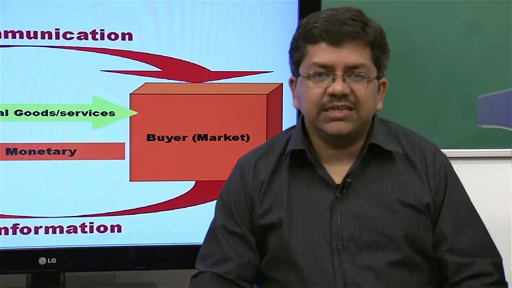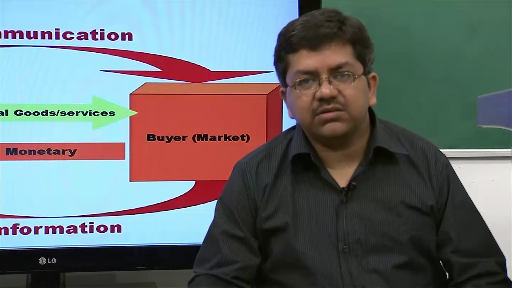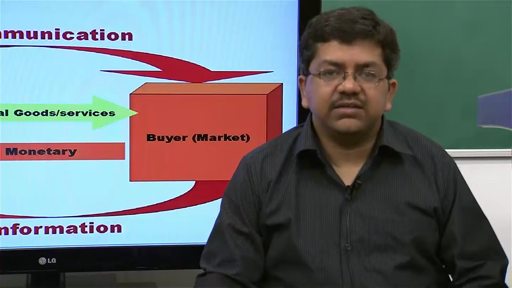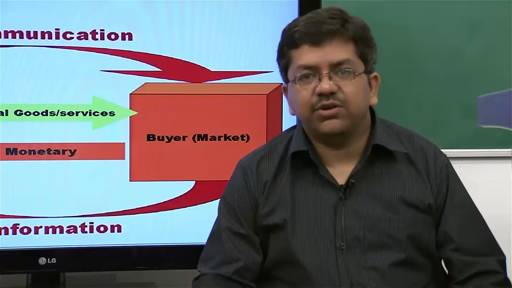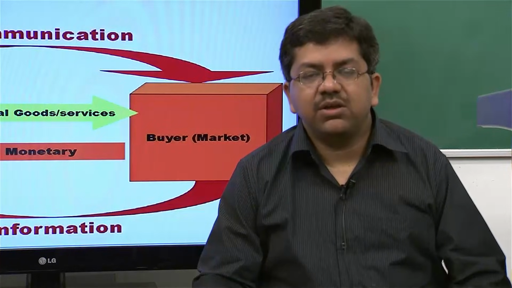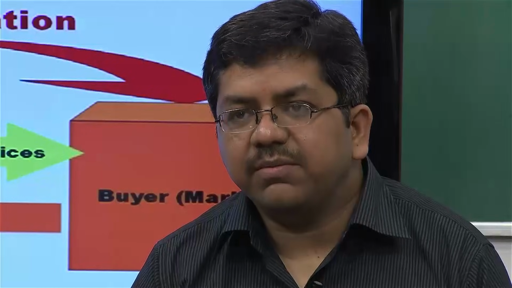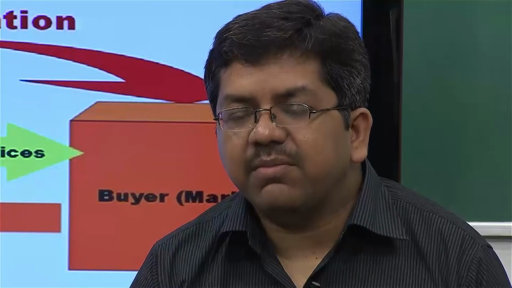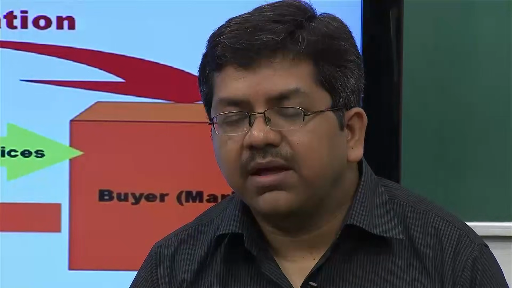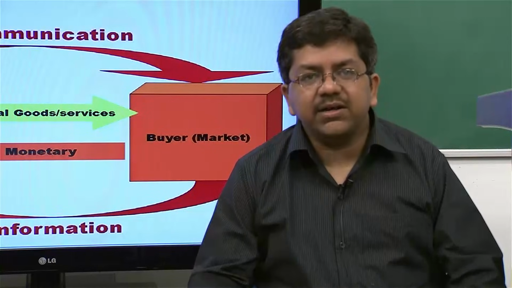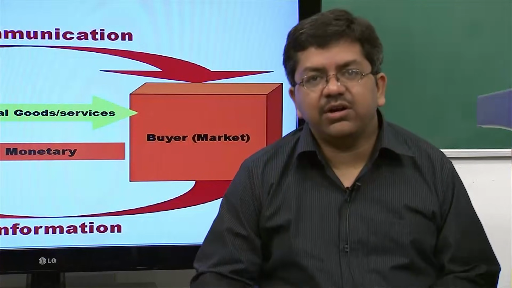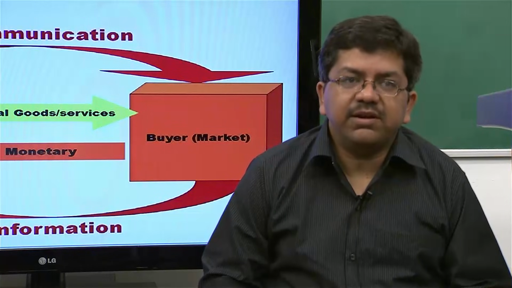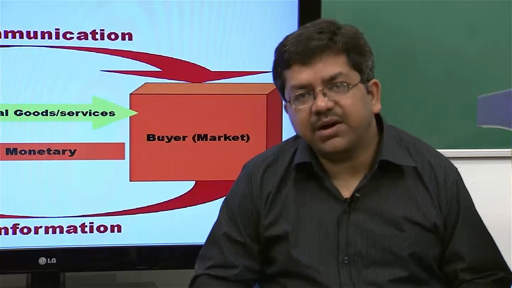Now, what is exchanged is physical goods or services. What the seller gets in return is monetary benefits for selling those products and services. What the seller also provides to the market is communication about the product and the services, and what comes back from the buyers to the seller in that loop is information, which is very important for the seller to remain relevant to the market.